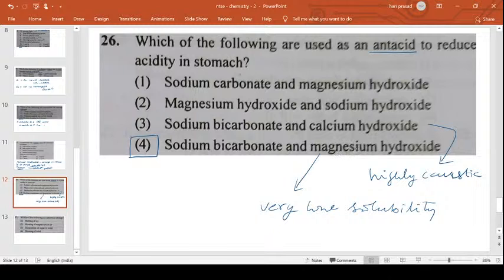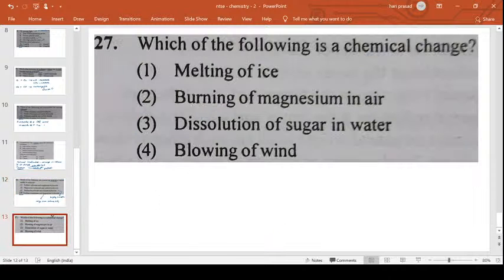Therefore, magnesium hydroxide is used as antacid. We are not using calcium hydroxide because it is highly caustic, like skin undergoing corrosion. Sodium hydroxide is strongly basic, so we cannot use it. So we are using sodium bicarbonate as an antacid. Okay. Next question.